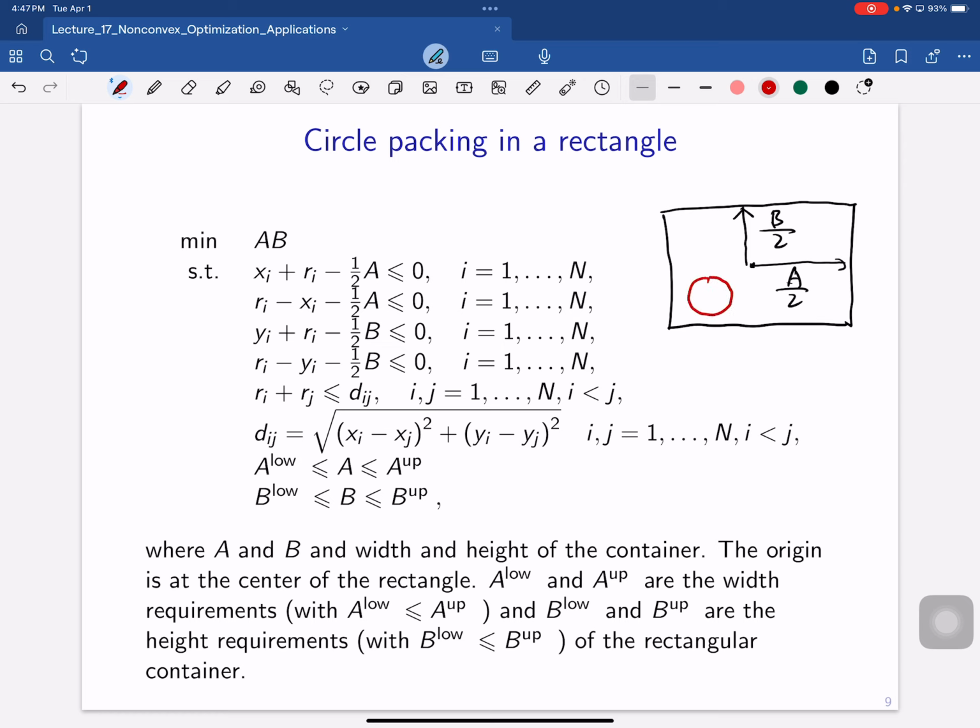So let's assume you have a circle here whose coordinate is xi, yi. Right? So what will be the constraint we need to add for the circle to stay within the rectangle? Right, the x coordinate is xi, and the y coordinate is yi. Let's first consider the x coordinate.